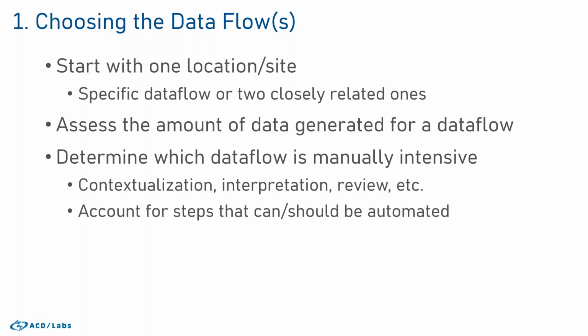Does it need to be integrated with other types of information from ELNs that you are doing now manually? Is there a manual step in terms of reviewing that data before it moves on? So figure out which ones are manually intensive. And based on that, you can account for steps that can be or should be automated or good candidates for automation.